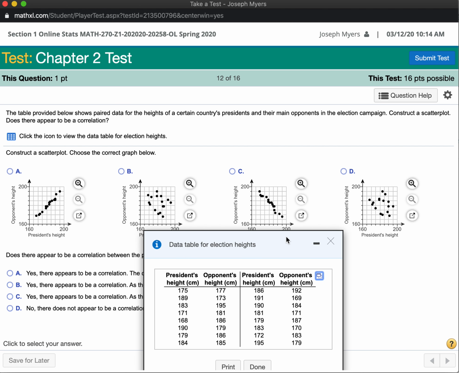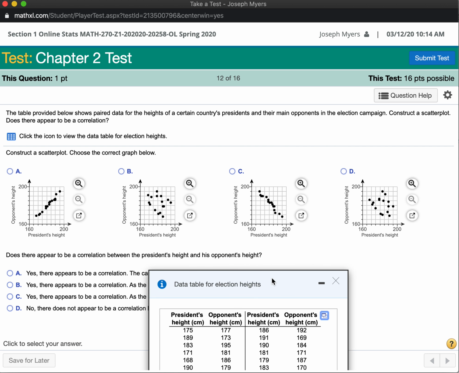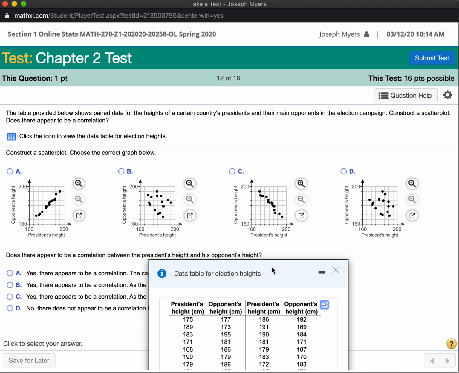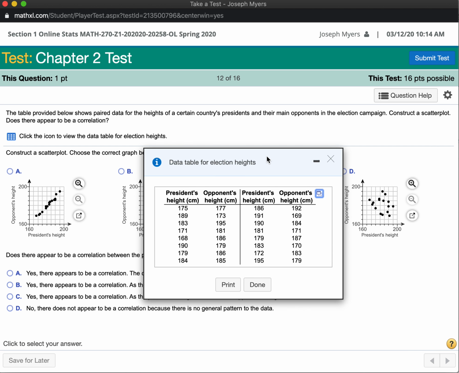And now what's the highest value of the opponent's height? Let's see, 195. Okay, so when x equals 183, the opponent's height is 195. So at 183, it should have the highest point. What about the lowest point of the opponent?